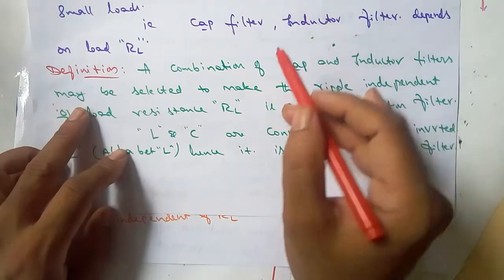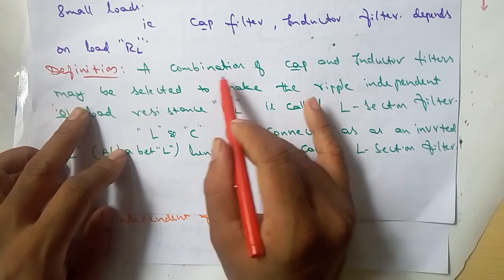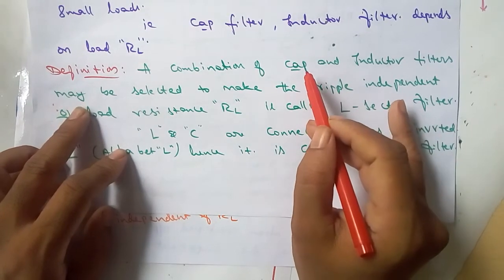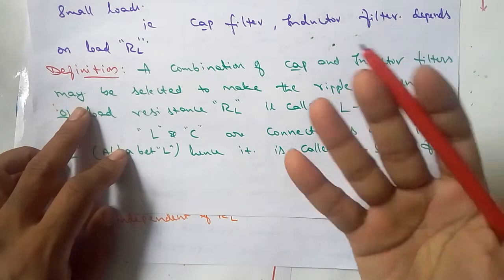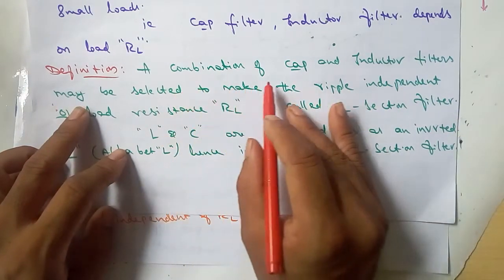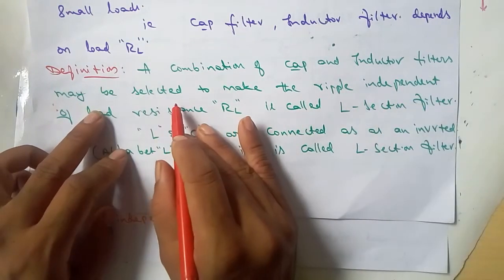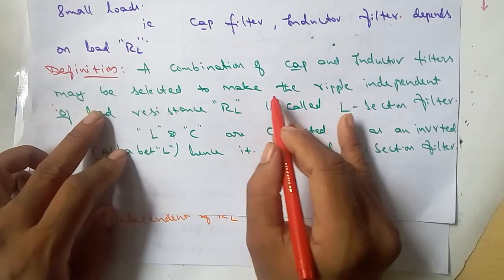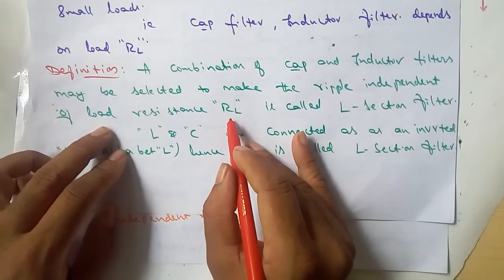The working is the same as what you already read in the first and second filters, so write that again. A combination of capacitor and inductor filters may be selected to make the ripple independent of the load resistance RL.